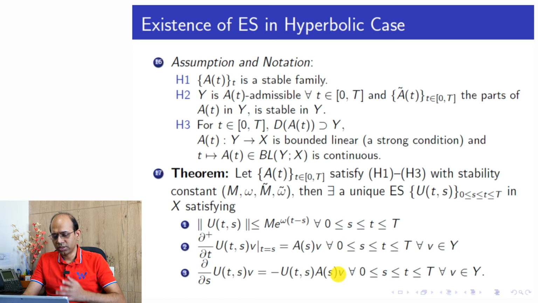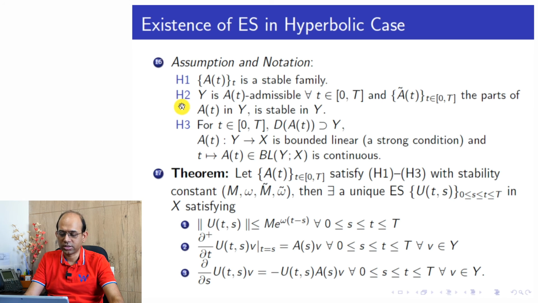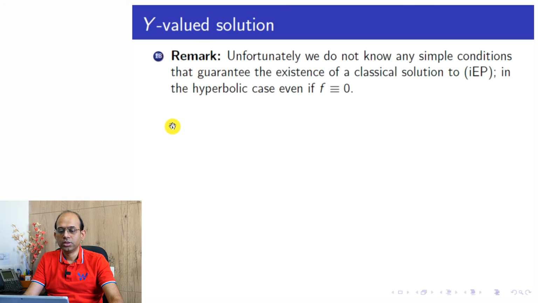So this is a theorem which talks about existence of an evolution system, and without any doubt, it clarifies that H1, H2, H3 form a set of sufficient conditions.